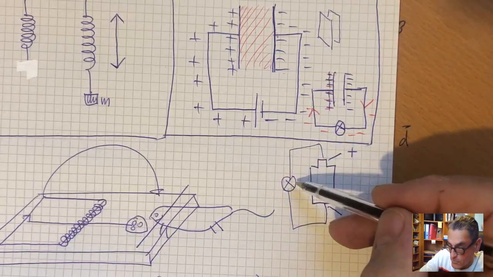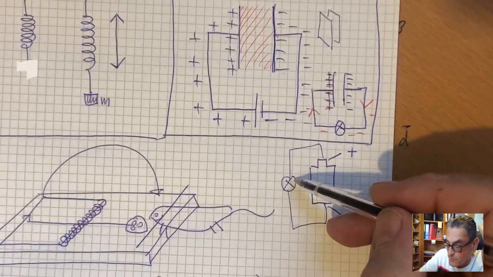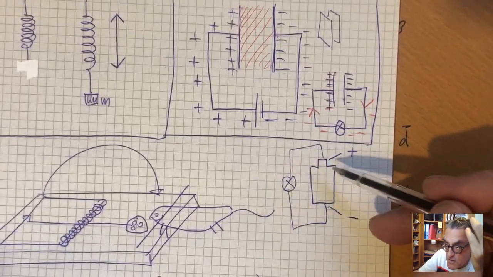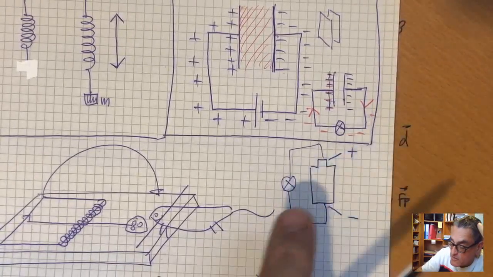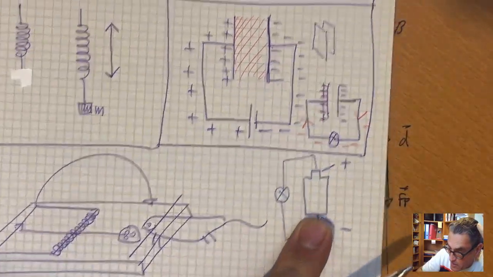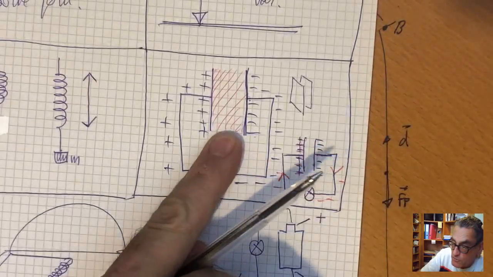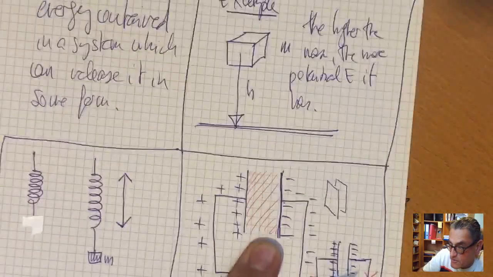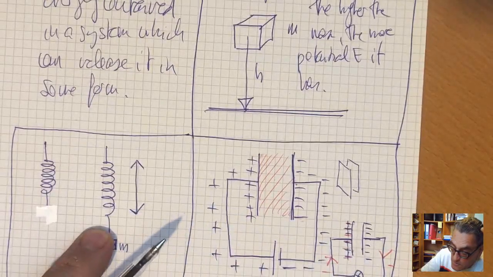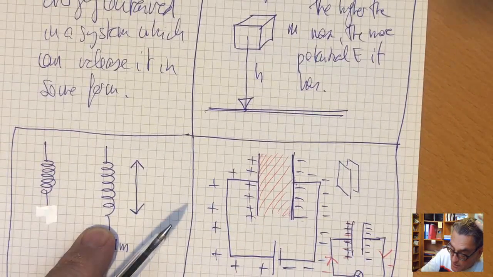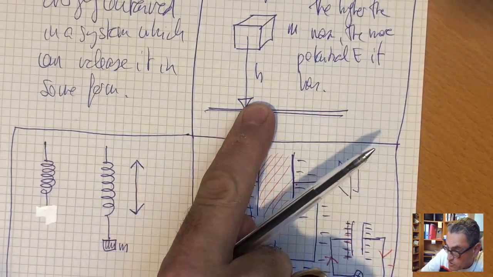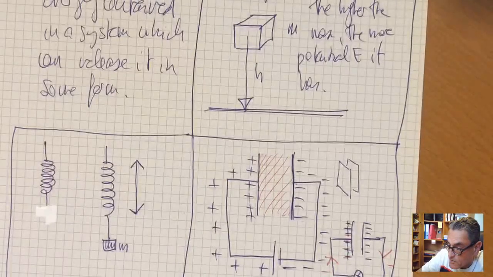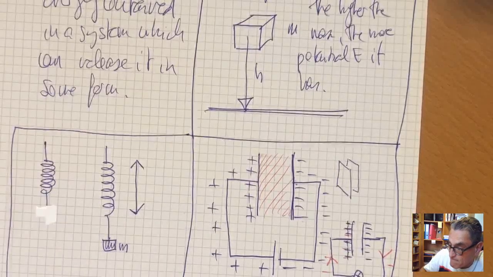The lamp will burn, it will produce energy, and so this means there is energy in the battery. Okay, and this is potential energy. This is potential chemical energy. This is potential electrical energy, electrostatic energy. This is potential spring energy, and this is potential gravitational energy. It's all different forms of potential energy. Okay?